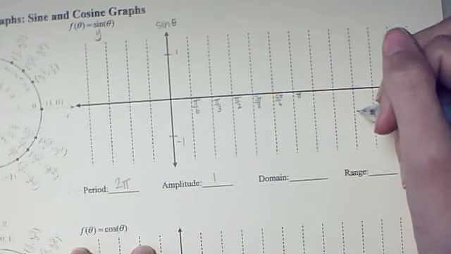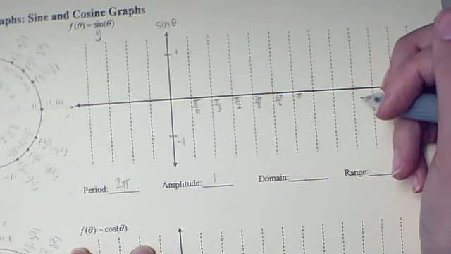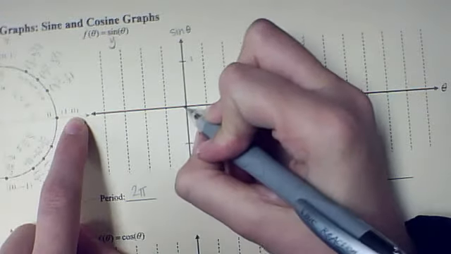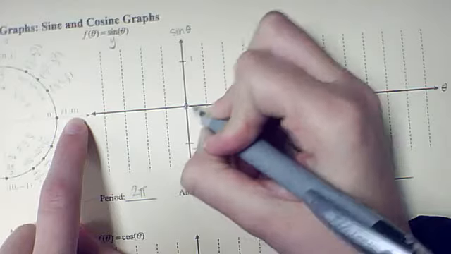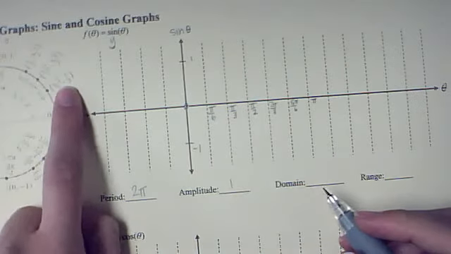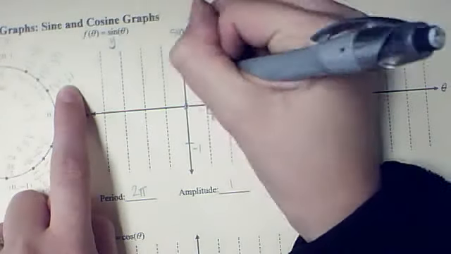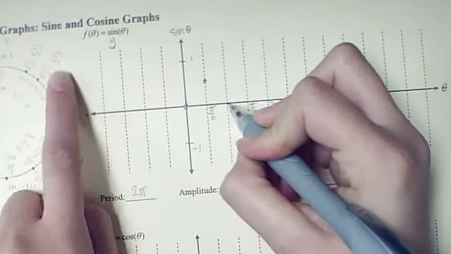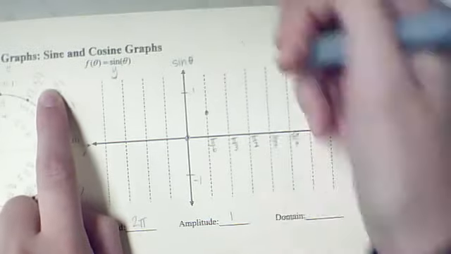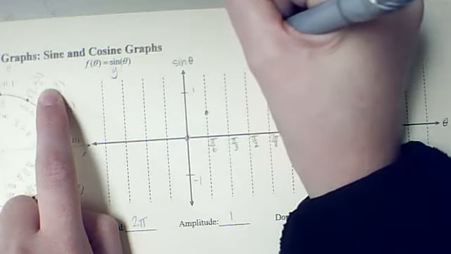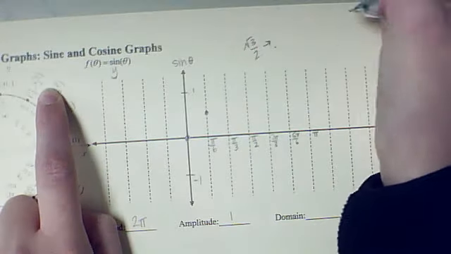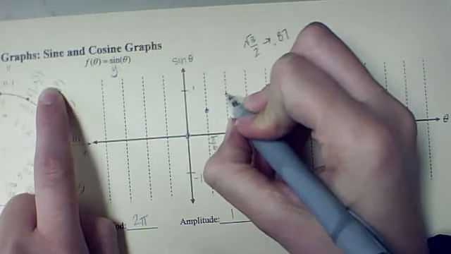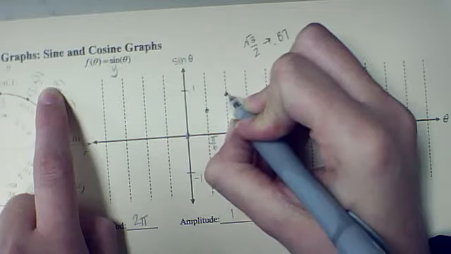So, starting when theta is 0. When my angle is 0, my y value in my unit circle is also 0. So I can graph that. At pi over 6, my y value is 1/2, so I'm going to go halfway up and put a mark there. At pi over 3, my value is square root of 3 over 2. If I plug that into my calculator, the approximation is 0.87, which is pretty close to 1, so I'm going to put a mark there.